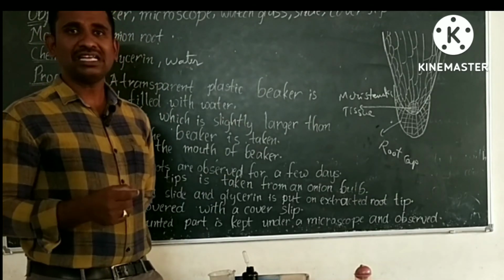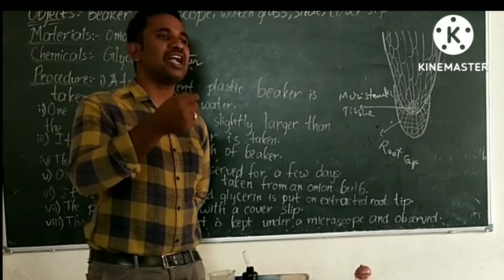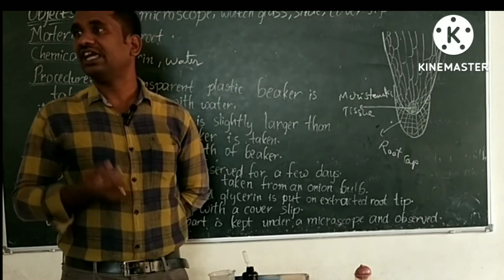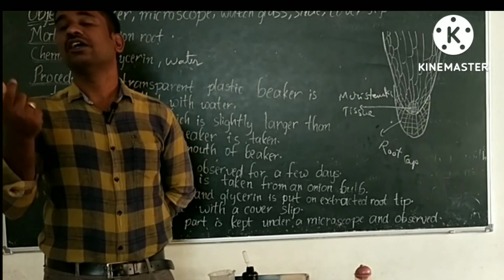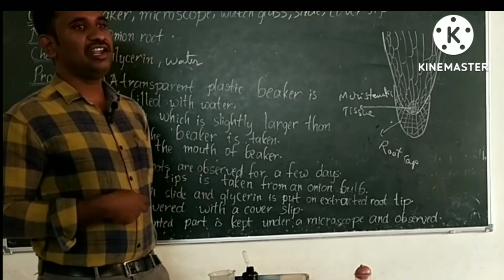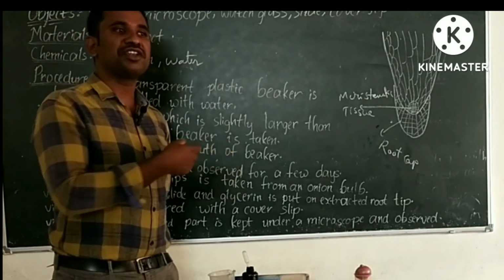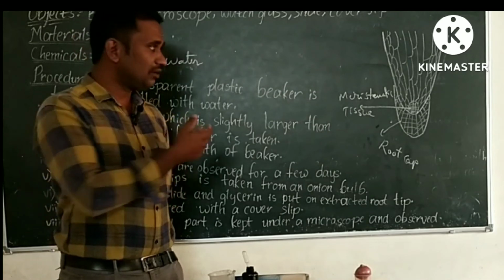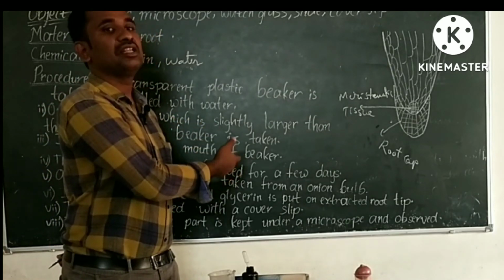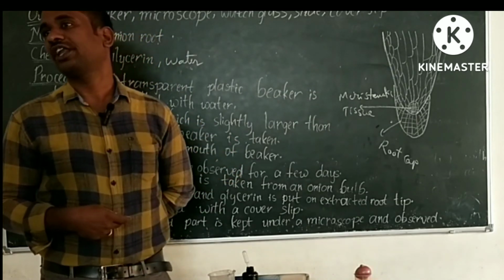So different parts of the plant body can show different kinds of tissues. We observed the leaf peel and the onion bulb, and now we are observing the structure of the root tip.